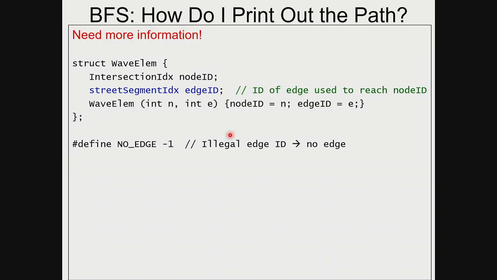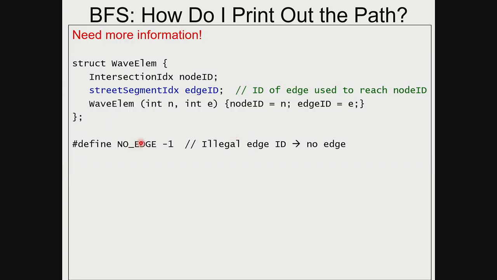I'm also going to define this global parameter that doesn't change, just for me to know that, let's say at the source, because I'm starting at the source, there is no edge that allows me to get to that source, right? So I'm just going to define what we call a sentinel case, so my algorithm can stop, and I'm calling it no edge.